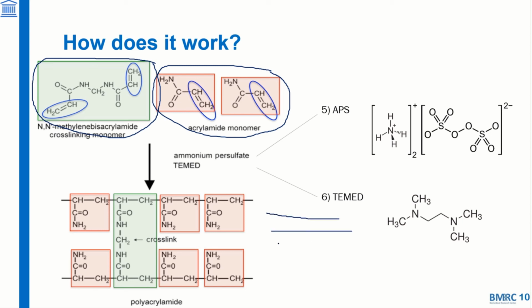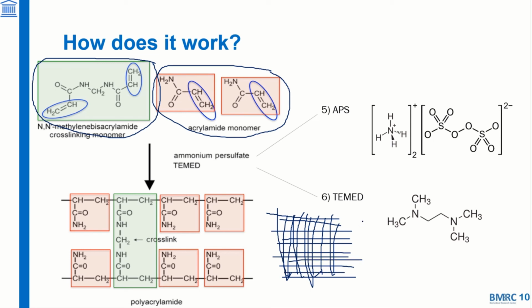The acrylamide monomers run horizontally and the bis-acrylamide run vertically, forming a perfect mesh. The higher the concentration of our monomers and our linkers, the thicker the mesh of gel that is formed. And this whole reaction is catalyzed by APS and TEMED to form a very strong exothermic reaction.